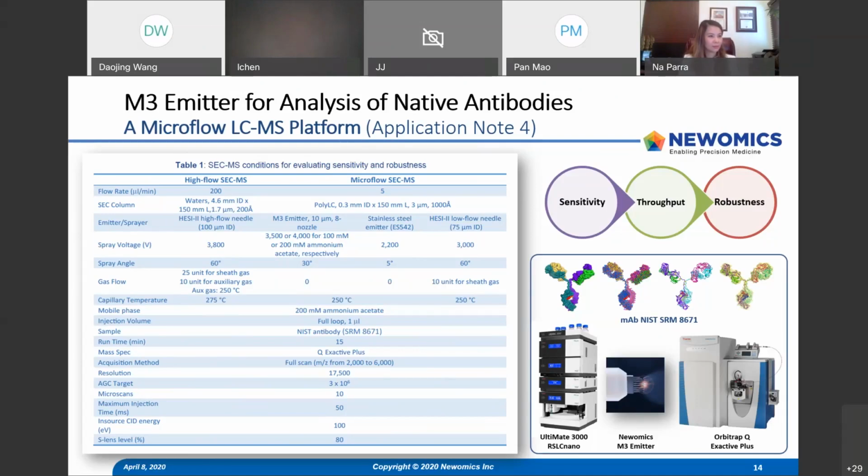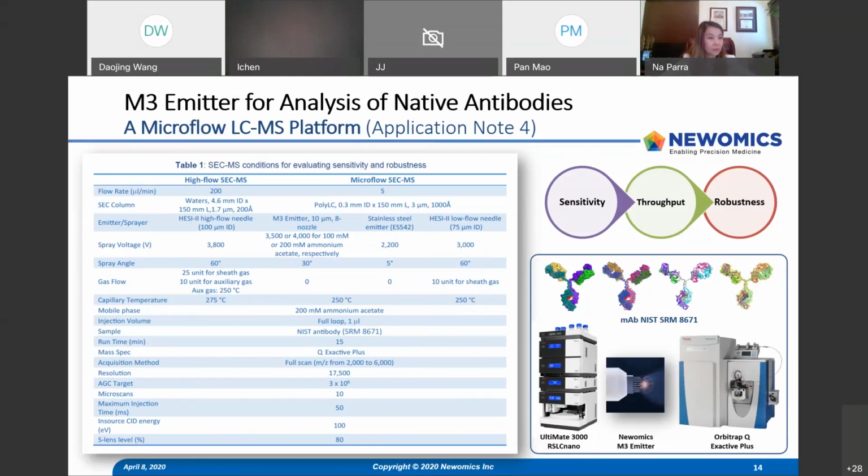In the beginning, we thought microflow LC, nanospray, or mass spec was going to be our main application. As we talked to customers, we realized nanoflow right now is another killer application because, as you mentioned, a lot of people are interested in single cell analysis. A lot of people are interested in one drop of blood for multi-omics analysis.